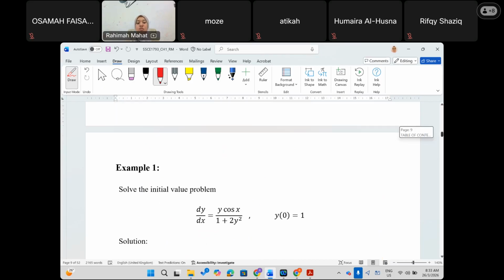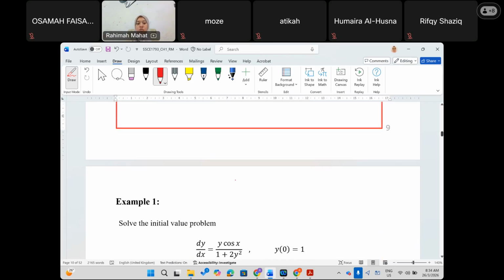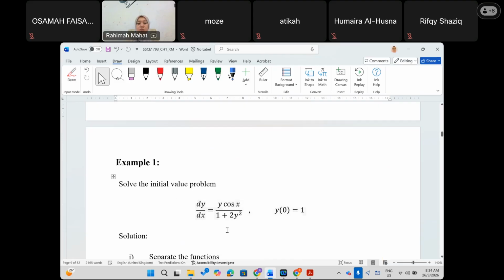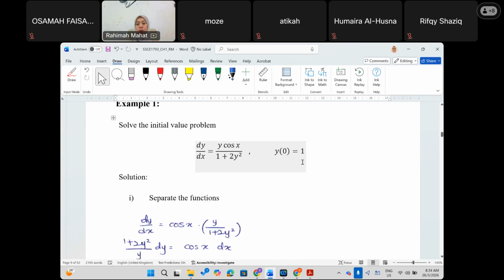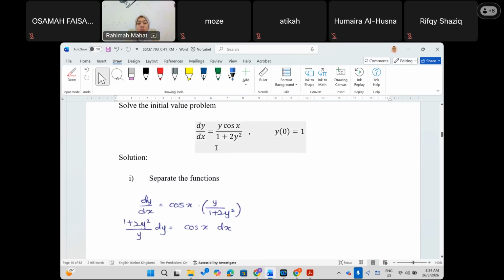This is the example: how do we solve the initial value problem? Given this equation with the initial value y(0) equal to 1. Your first step is to separate the function, putting your y on one side and your x on the other side.